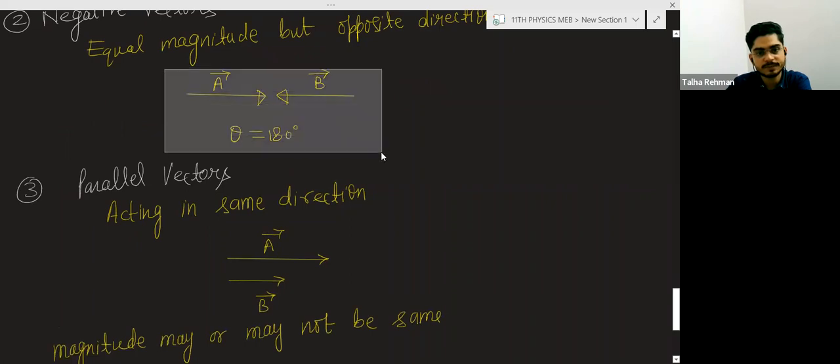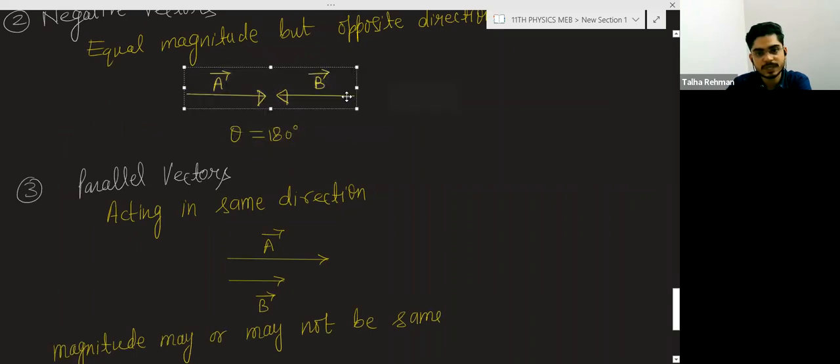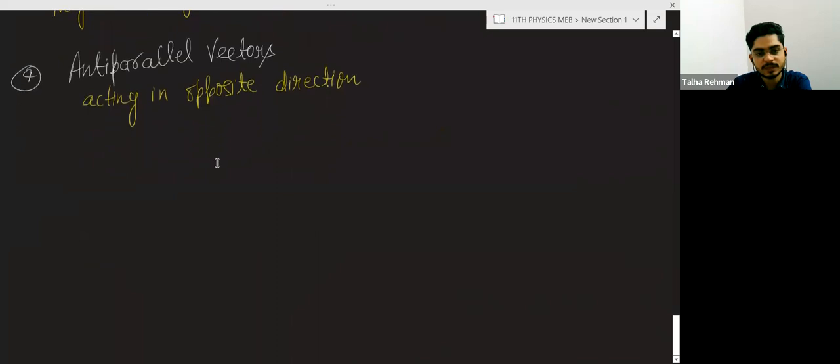You can take this example. This is the example of anti-parallel vector, but here it is not necessary that the magnitude of A vector is greater than or equal to B vector. So A vector and B vector are anti-parallel vectors, and in anti-parallel vectors also the angle is 180 degree because they are acting in opposite direction. Okay.